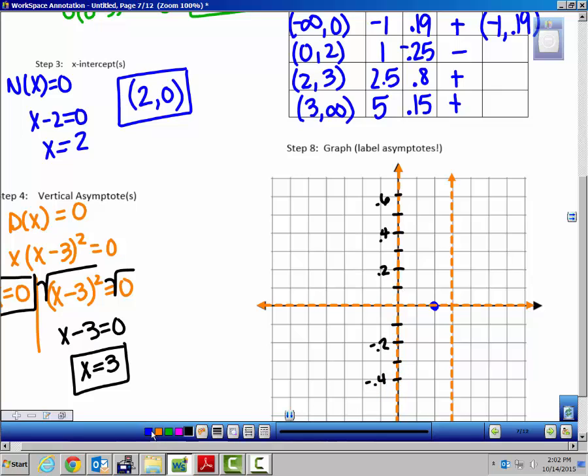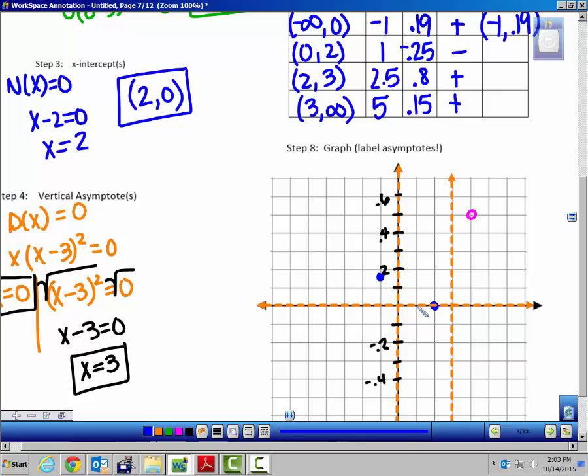All right, so now I can plot those points and plot my hole. My hole again was at 0.5. So 0.5 is here. So there's my open circle for the hole. All right, now the other values from the test interval chart. At negative 1, we're at 0.19, so almost 0.2, but not quite.